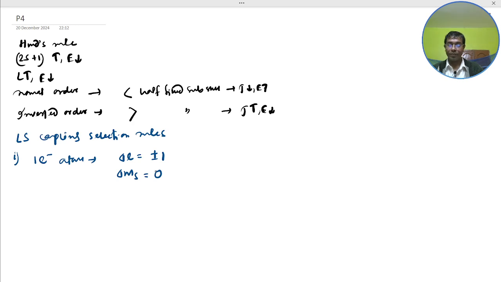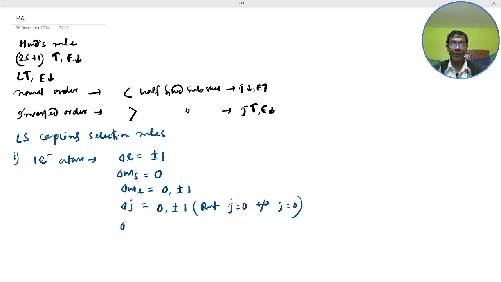One electron atom without spin, del ml is equal to 0 plus minus 1, del J equal to 0 plus minus 1, but J equal to 0 to 0 is forbidden, and last one del mj 0 plus minus 1.